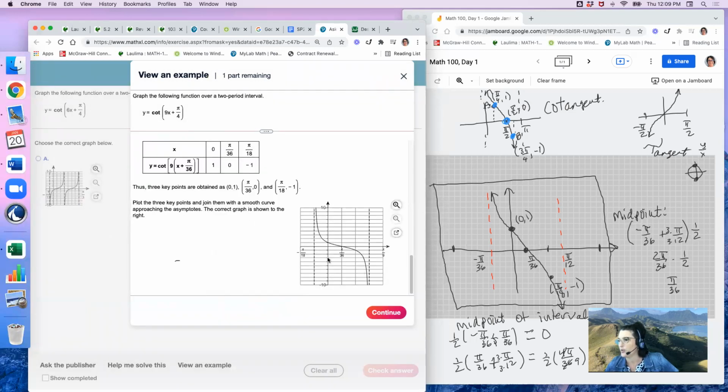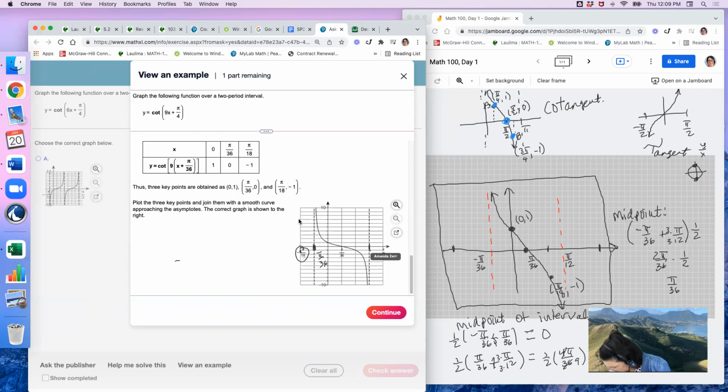Do you see how this number right here is not actually the name of the asymptote? The asymptote is right here. This is negative pi over 36, but this is an extra interval across.